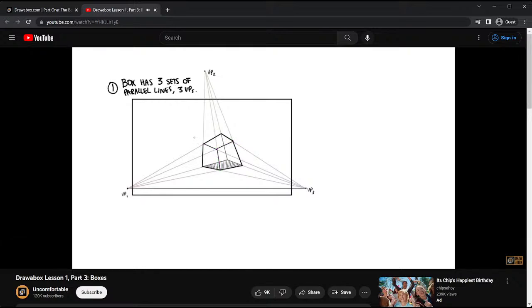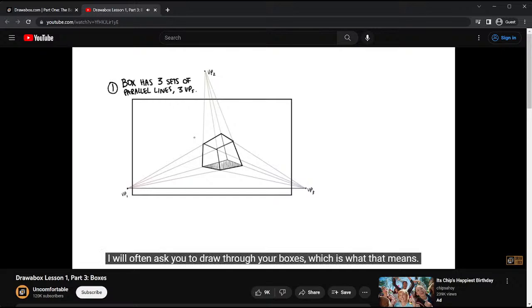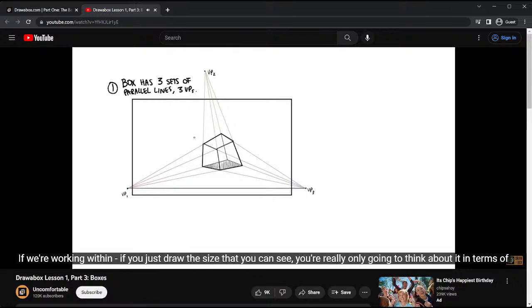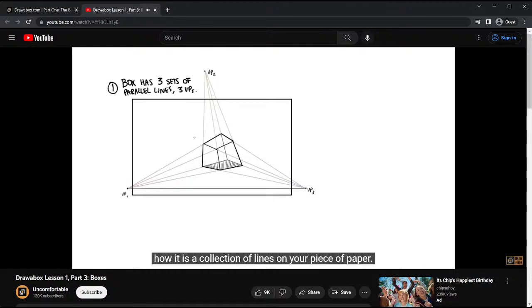But I will often ask you to draw through your boxes, which is what that means, because it helps us to understand how this box actually sits as a 3-dimensional object in the 3D space we're working within. If you just draw the side that you can see, you're really only going to think about it in terms of how it is a collection of lines on your piece of paper.